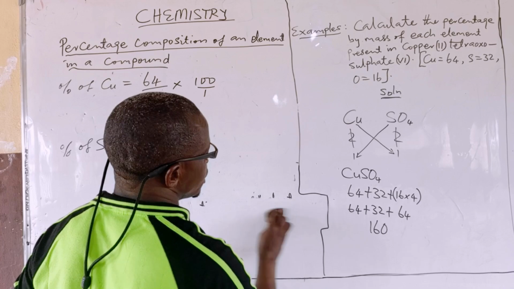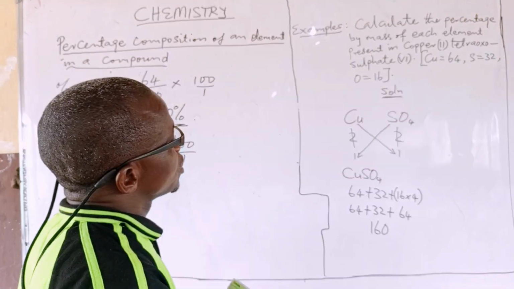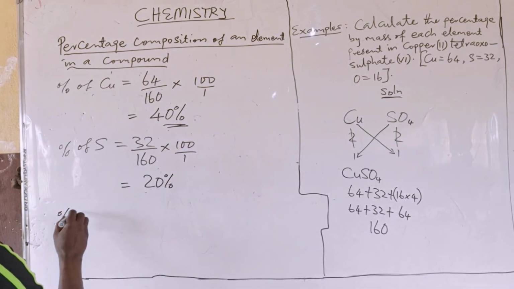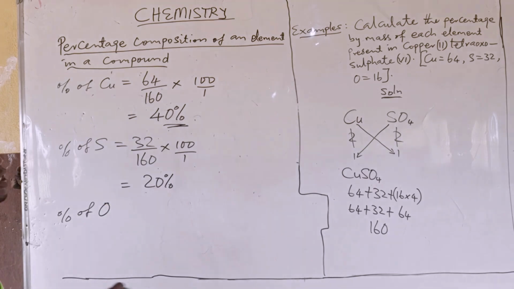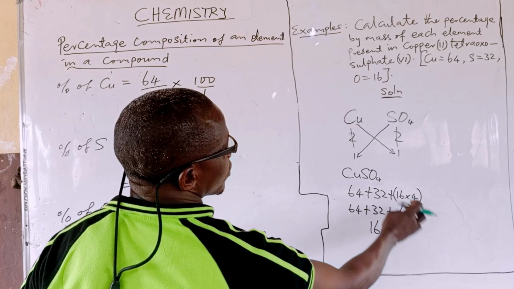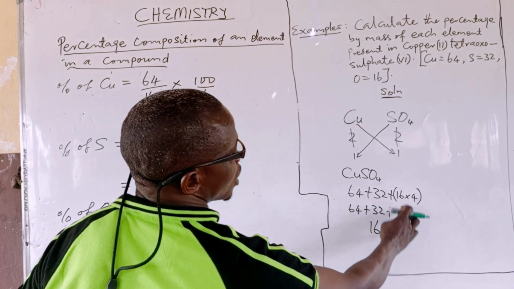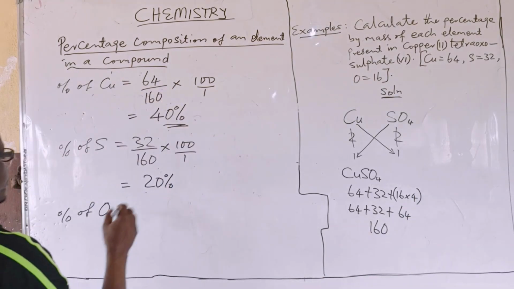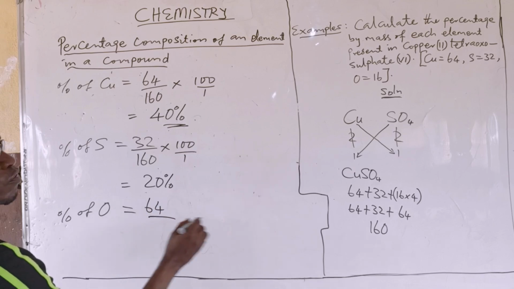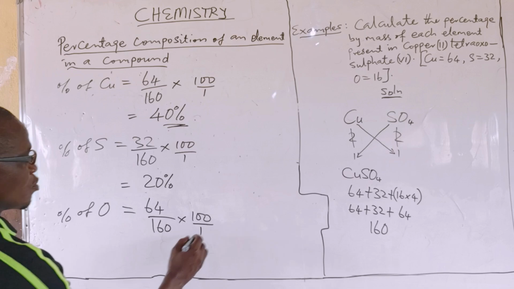The last one is percentage of oxygen. Oxygen, how many is 4? You multiply it. If you use 16, you are wrong because there are 4 there. So you use 16 times 4, which is 64 in that compound. 64 all over 160 times 100 over 1.